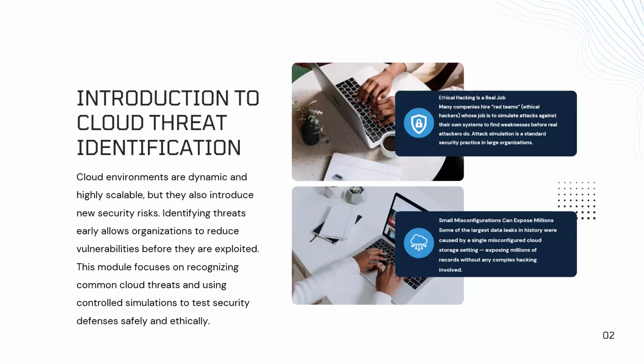What we're going to cover today, or what we will try to cover, depending on time, is to understand what cloud threats are and where they come from, the most common attack vectors in cloud environments, how to use threat modeling to identify weaknesses before deployment, how to safely simulate attacks to test your defenses, and how to use the Microsoft Threat Modeling tool, a free industry standard tool.